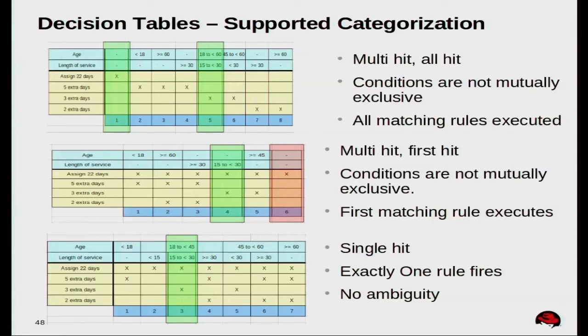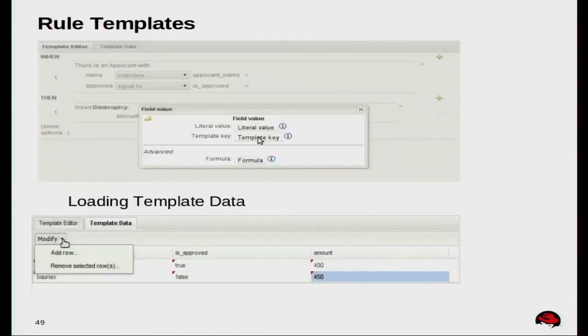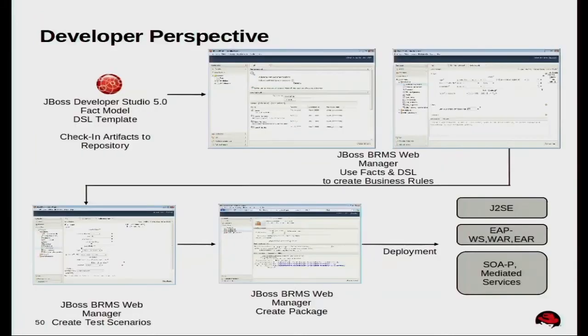It could be multi-hit first, where it's going to hit and execute the first rule that it matches, and then you have the single hit, so it's going to go down and exactly one rule will fire there. All right, so we have the rule templates. You can use this to load in massive amounts of data, it could be from a spreadsheet, for example, or I believe from a data source.